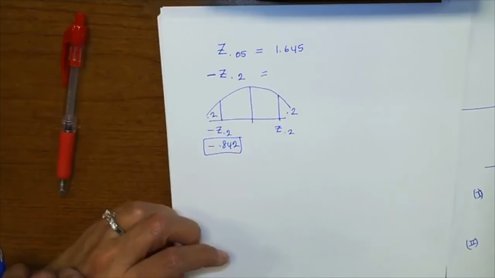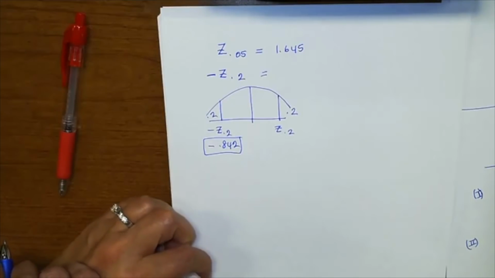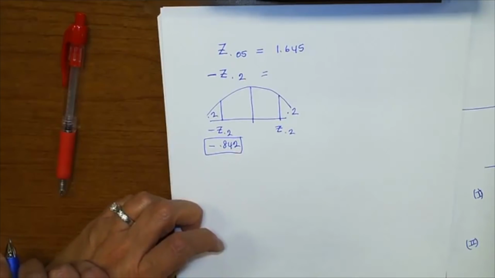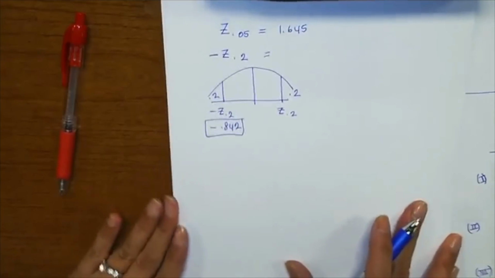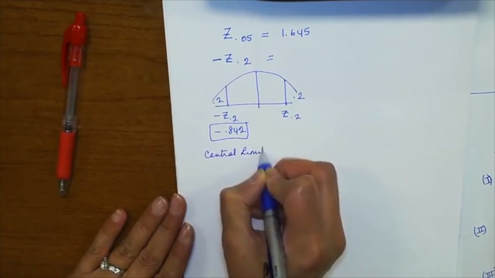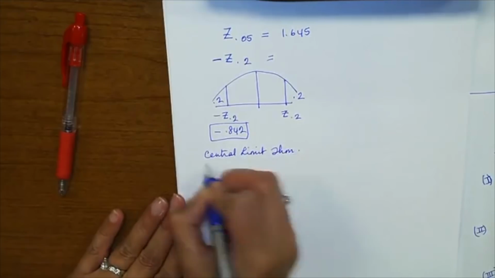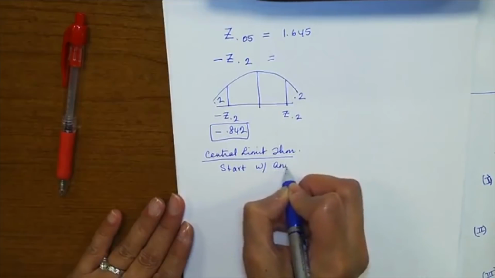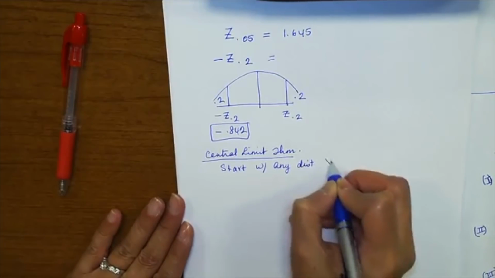Okay, let's see what came after that. I think it was central limit theorem. Central limit theorem says that you start with any distribution x.